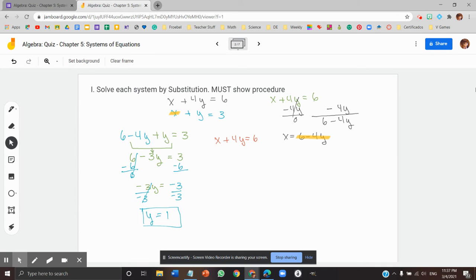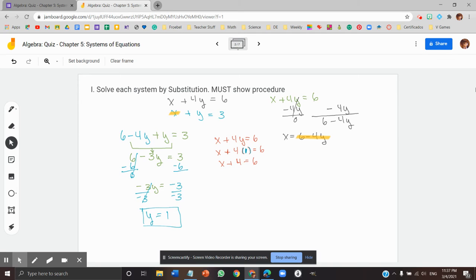And if my y is 1, then x plus 4 times 1 equals 6. All I did there was substitute it. Let me do this in another color so you can see it. And this is just going to be this because 4 times 1 is 4.